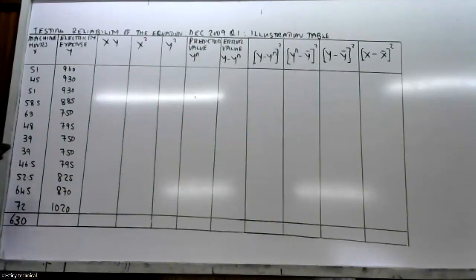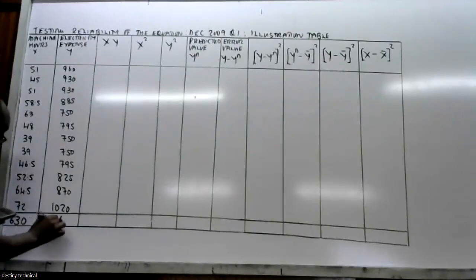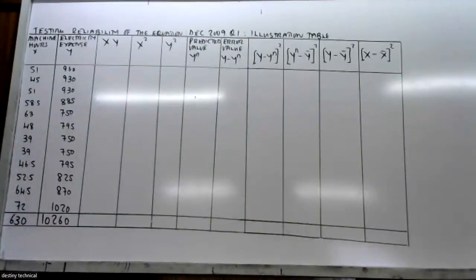Yes. Okay, let's go to the other one: 960 plus 930 plus 930 plus 885 plus 750 plus 795 plus 750 plus 750 plus 795 plus 825 plus 870 plus 1020 equals 10,260. Yes. Good.